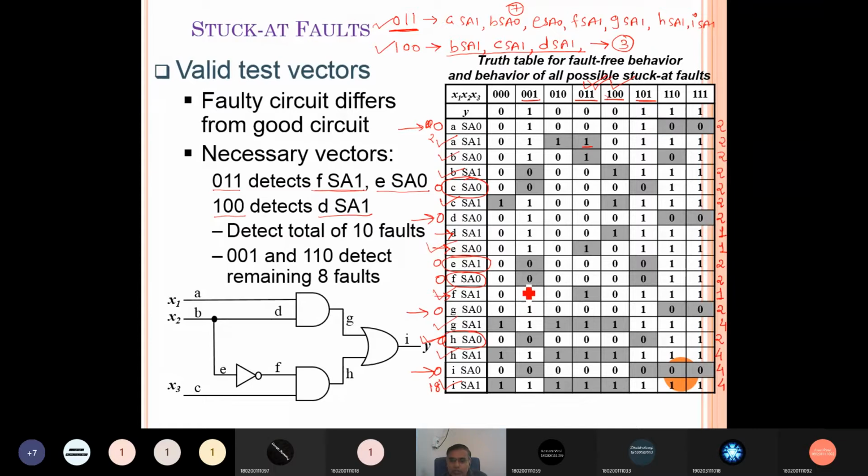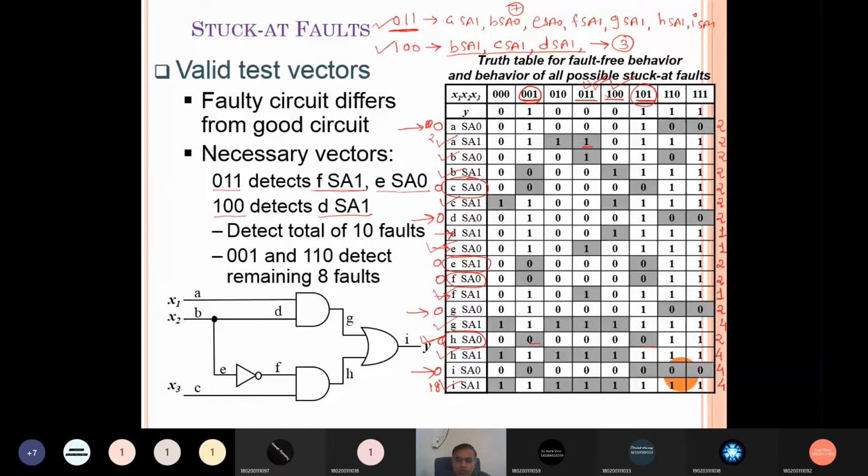F stuck at 0 can be detected using the same patterns, 011 or 101. And the last one, H stuck at 0, can also be detected using the same patterns, right? So we can use either 011 or 101, right?